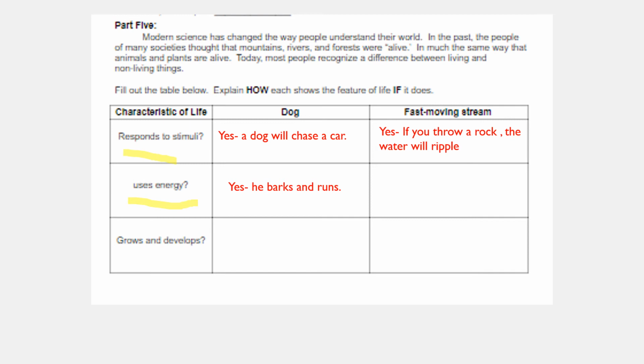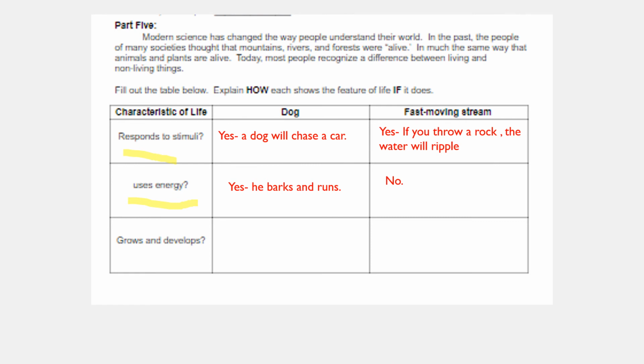That water moving creates energy, but it doesn't use energy. It doesn't have to eat, right? In order to use energy, you have to get energy, get and use energy. And so, the dog eats in order to run and bark. The stream just simply flows, and it doesn't have to eat anything, okay? So the answer is no.